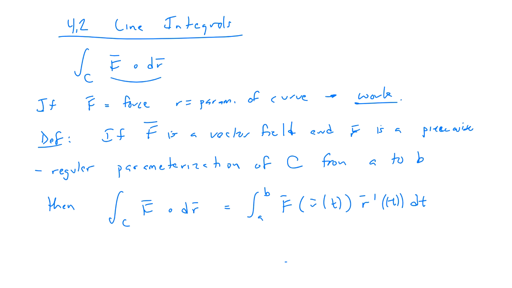So this is an r. So it is, what is the vector field at the point at time t, which we get by plugging it into r. And this is supposed to be a dot product there, times r prime. And I'll say more specifically once we do an example, because then it's easier to say what each piece is doing. But r prime is moving along a straight line for a very short distance.